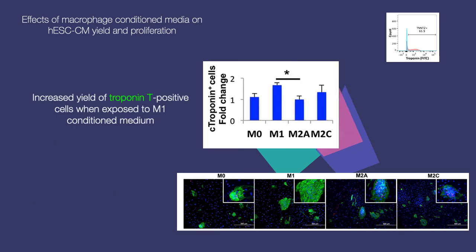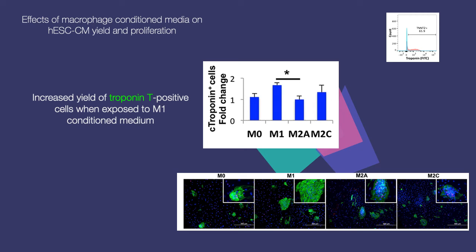Next, they used troponin T to quantify the yield of cardiomyocytes. Again, they did the same fluorescent histogram calculation as shown in the upper right-hand corner. And the results showed an increased yield of troponin T positive cells when exposed to the M1 conditioned media.